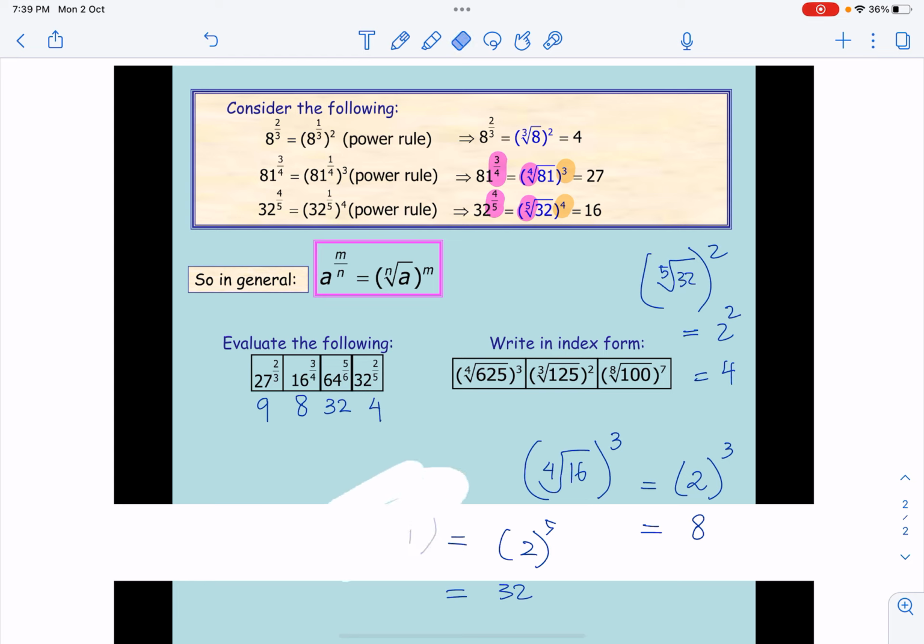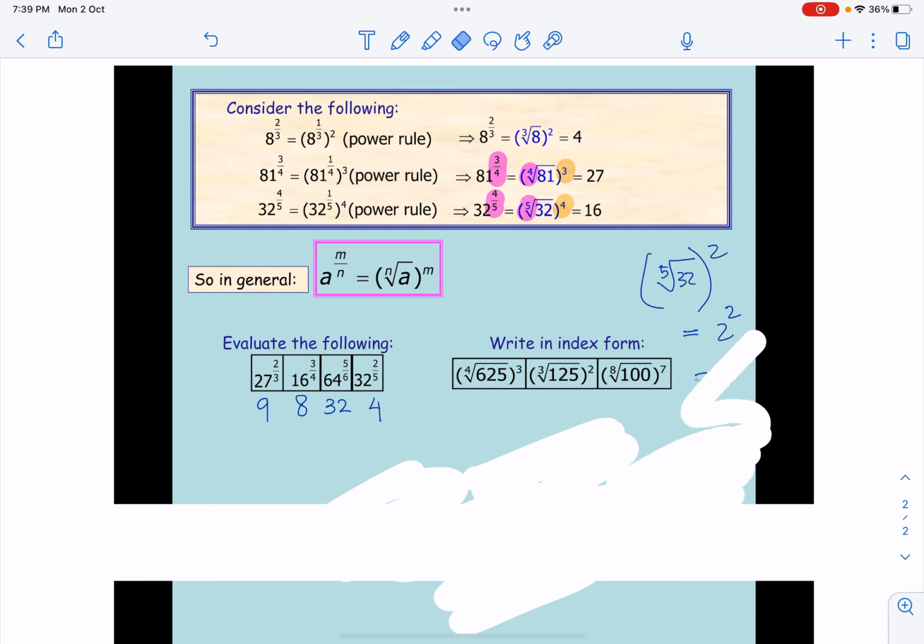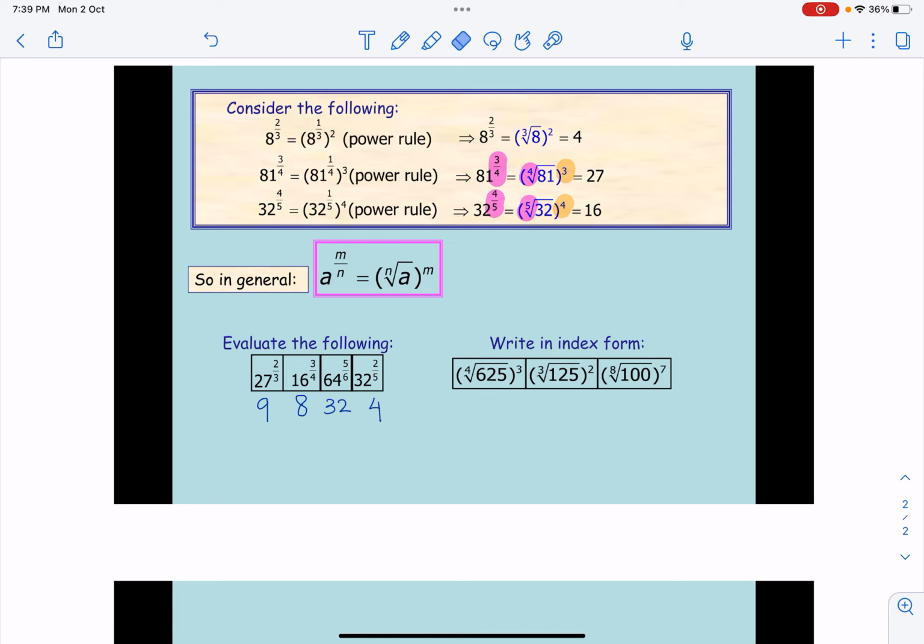Right, let's remove this handwriting again. So the next example, you are only asked to write it in index form, so using fractional indices. So you see there that we are taking fourth root. So meaning it's a quarter, right?